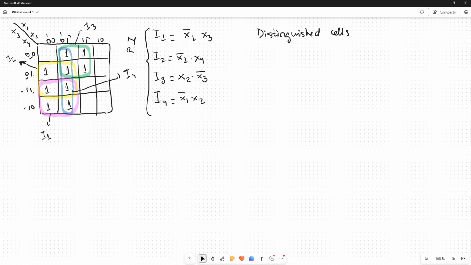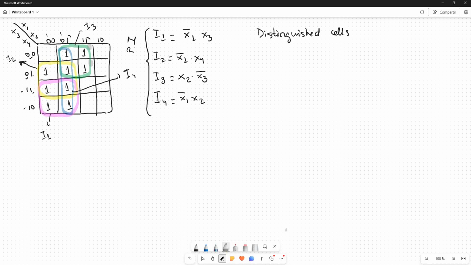Okay? So cells that are only covered by one group. So, for example, these two cells here are only covered by implicant 3. So they are distinguished cells.